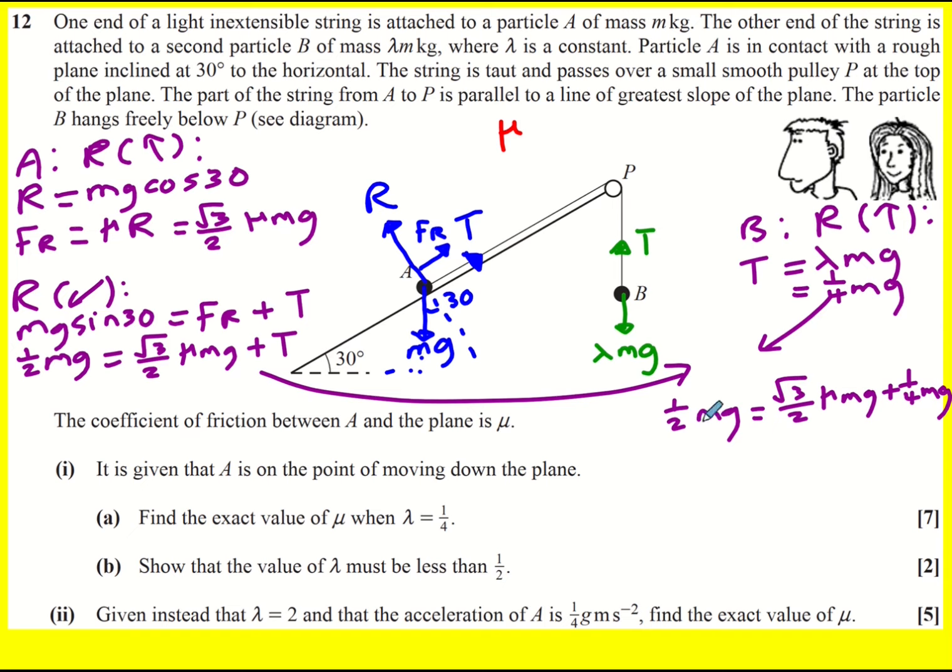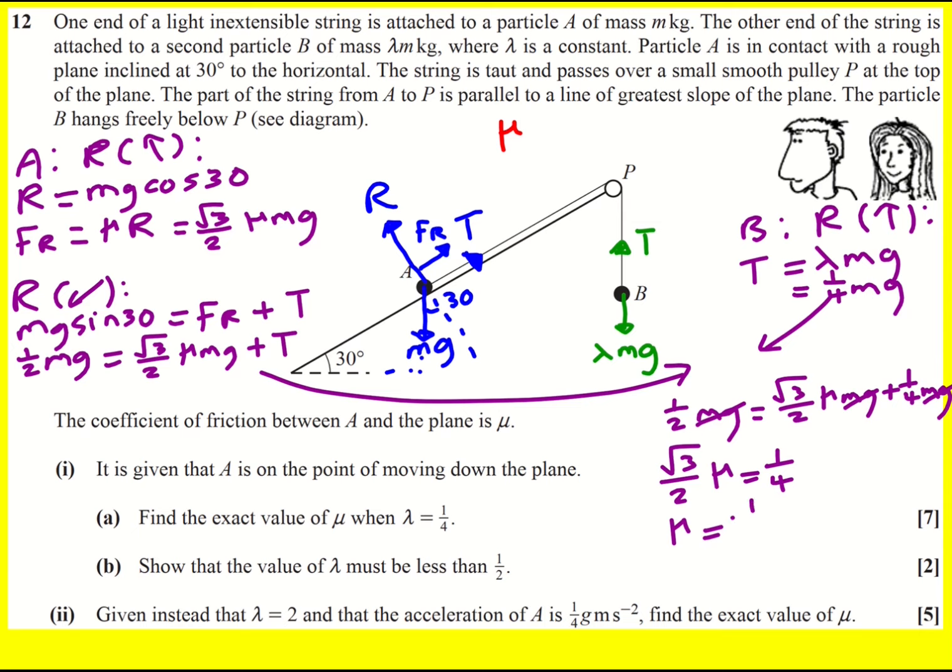Now I can just divide through by mg, and then I'm going to get that root 3 over 2 mu. I can minus a quarter, so it's going to equal a quarter, which means mu is going to equal, I can times through by 2 to get a half.